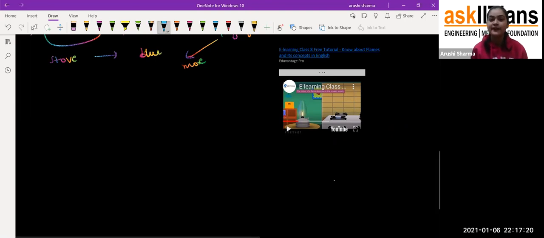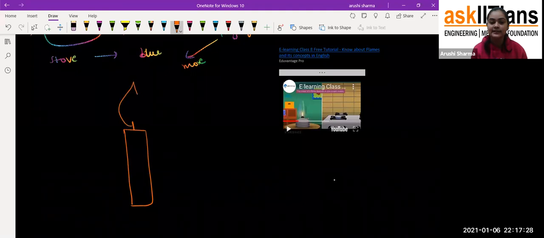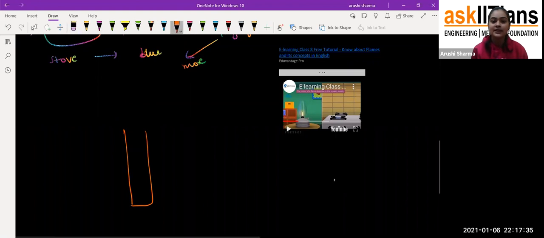For example, I'm drawing a candle here, with its wick and the flame. I'll try to show you everything properly, students. The inner part is somewhat black, so I'm drawing it in black.